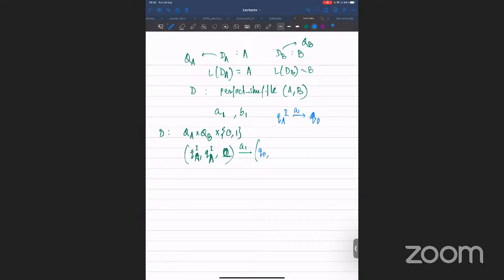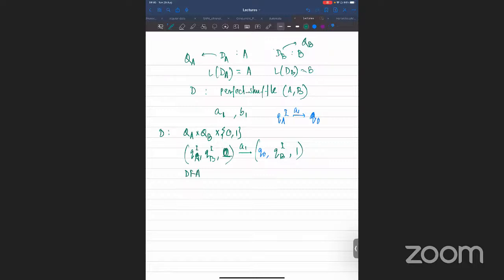So you go to Q0, and here, okay, you have QBI, so you will go to Q0, then this state will remain the same, and here you will switch it to 1, right? In order to remember that the next time you'd like to make a move corresponding to the B automaton, right? The DB automaton, correct?